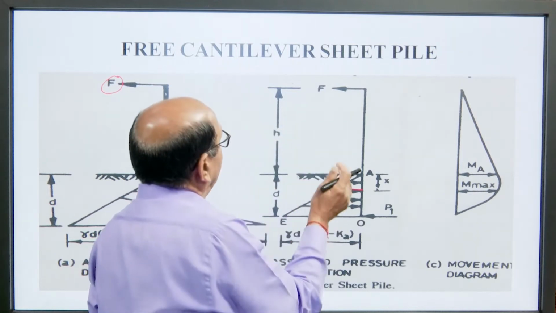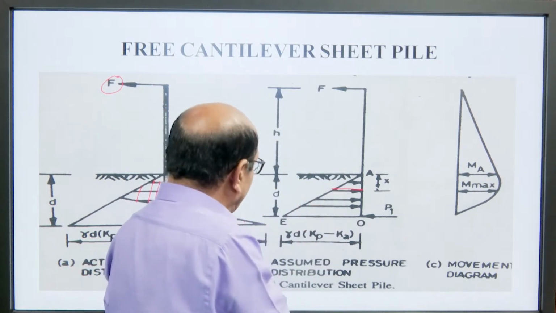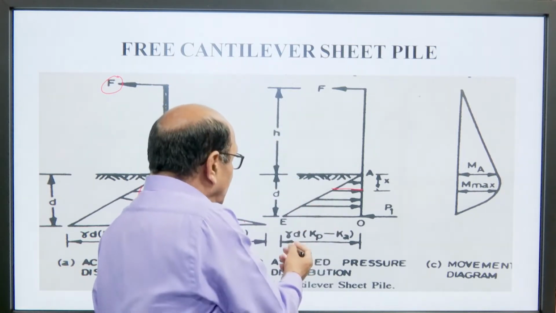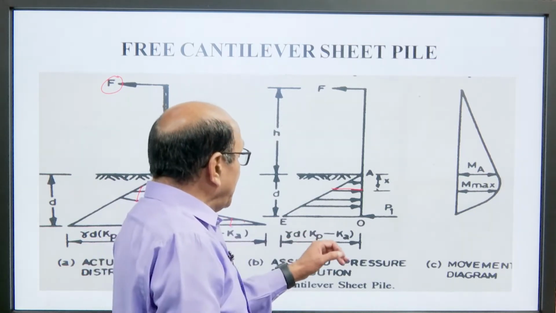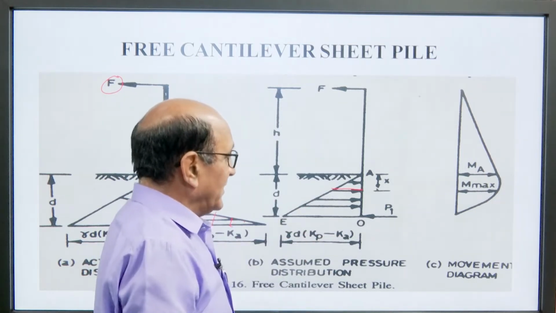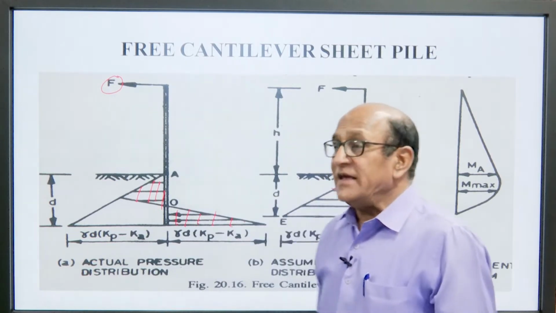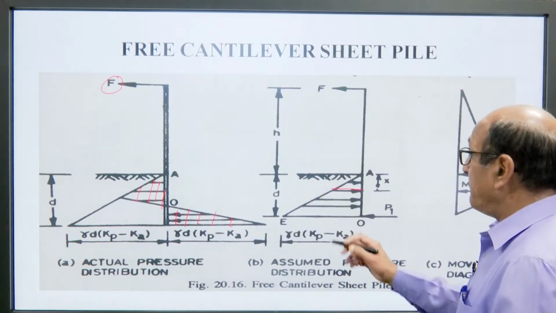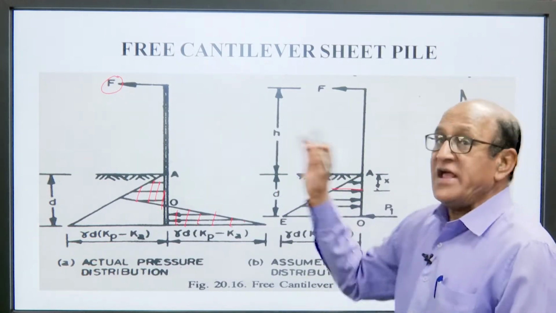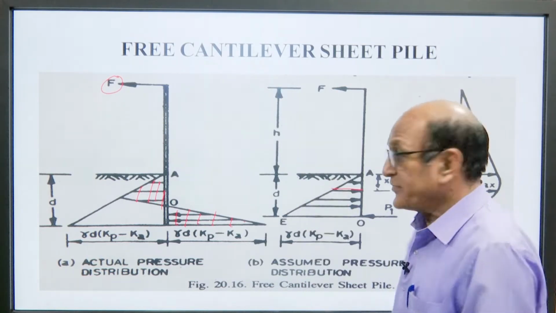F is the force acting towards the dredge line. Here the value is gamma d K p minus K a. So, this is the pressure distribution of a sheet pile.